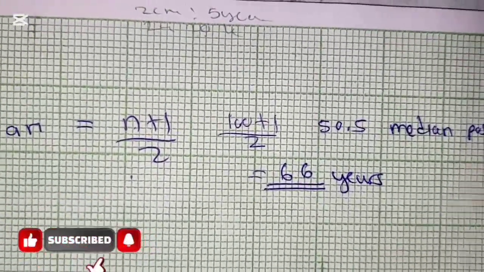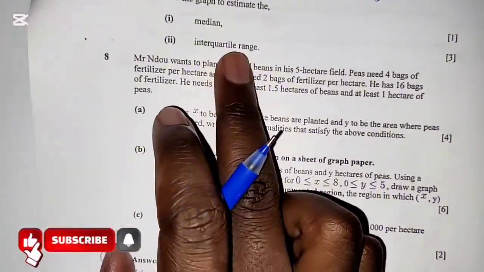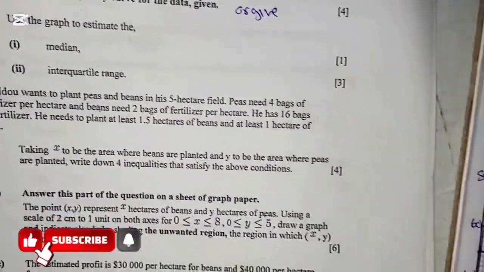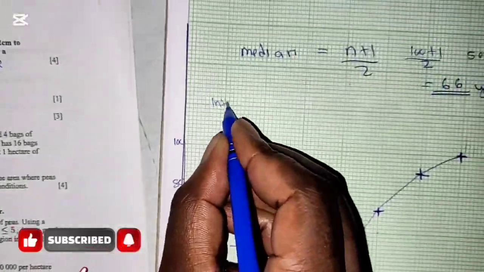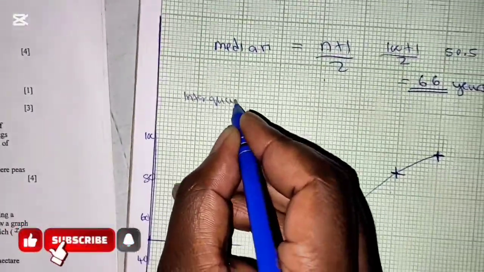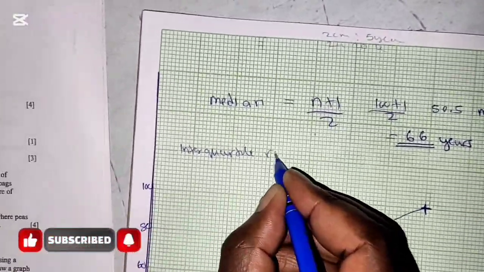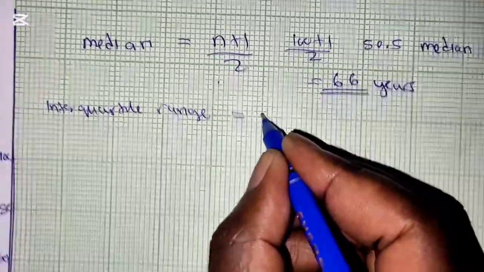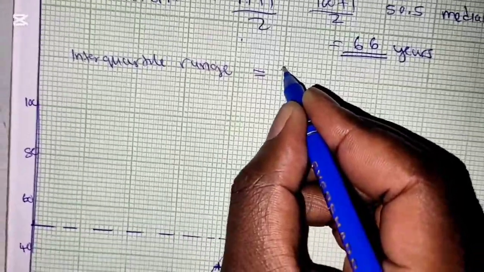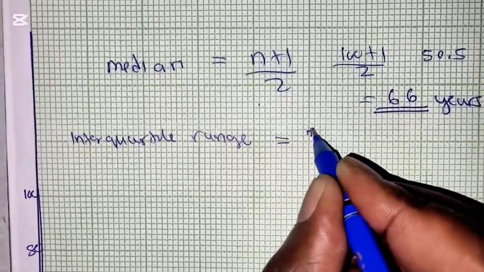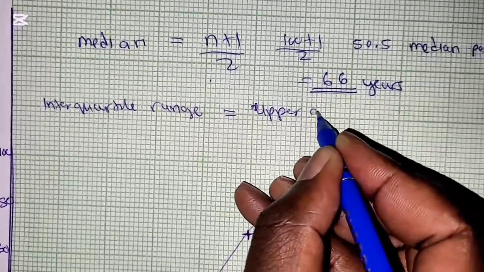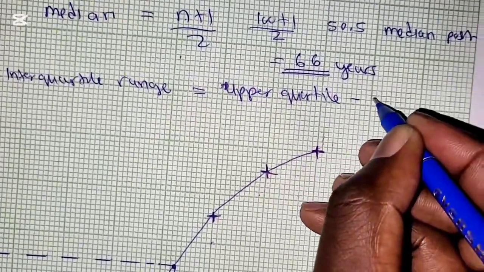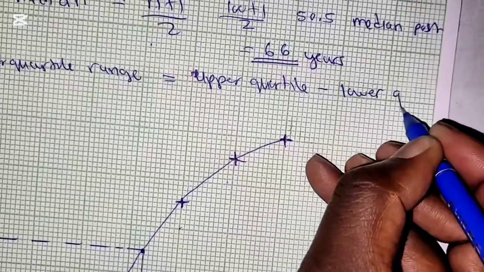Then the other one right here is the interquartile range. The interquartile range is equal to the upper quartile minus the lower quartile.